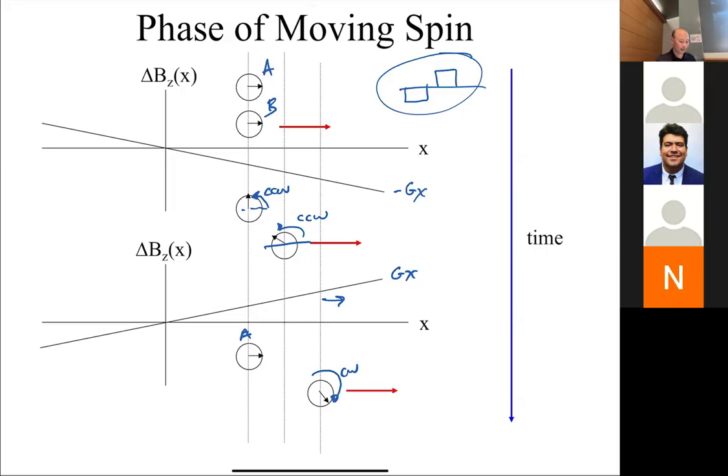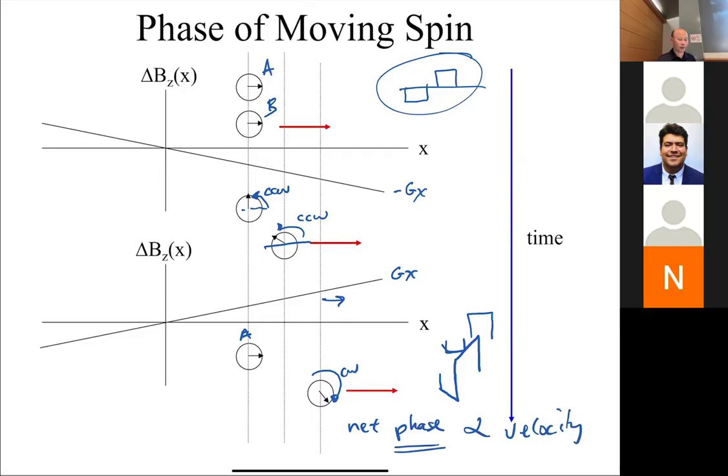So it's as if during the first part it experienced a negative, and then the second part experienced a much bigger positive, right? Because it's moving into a much stronger part of the gradient. In fact, if you were to think about it, it would look something like this. It's experiencing a linear increase in the gradient and then an even more linear increase that way. Okay. So that means that there's a net phase that is proportional to the velocity.